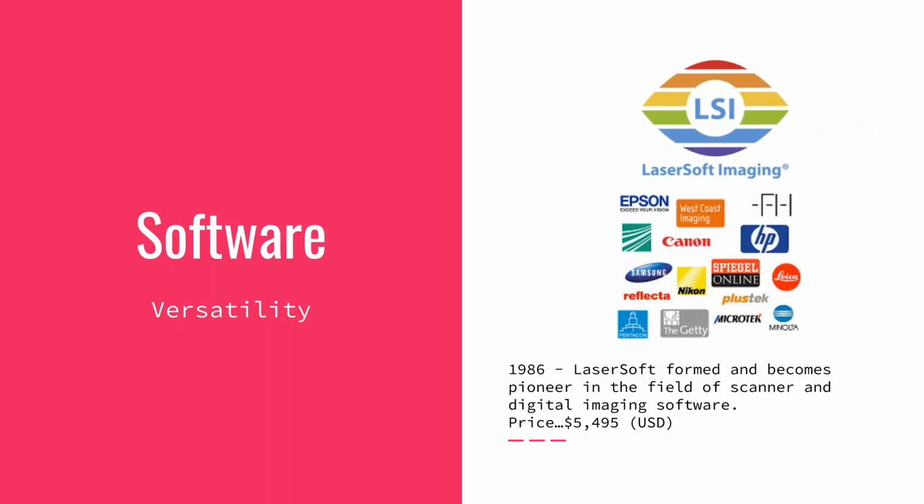So if you added it all up and you wanted to scan some stuff, you would probably need to have somewhere in the neighborhood of $10,000 for a minimum transparency scanner.